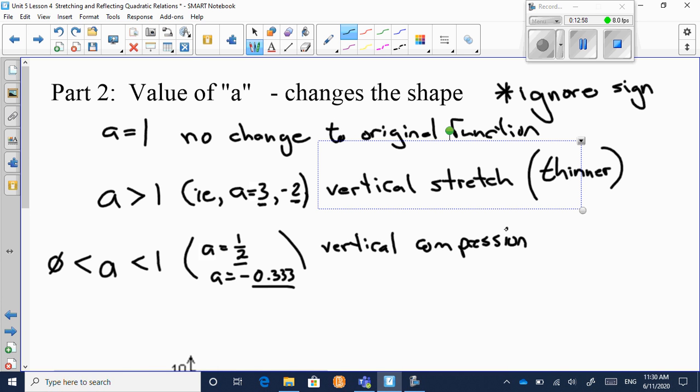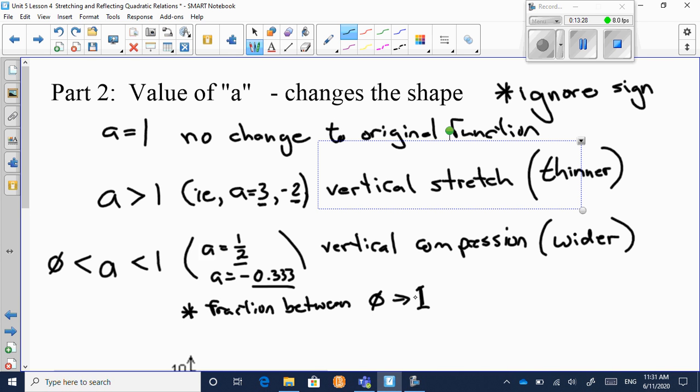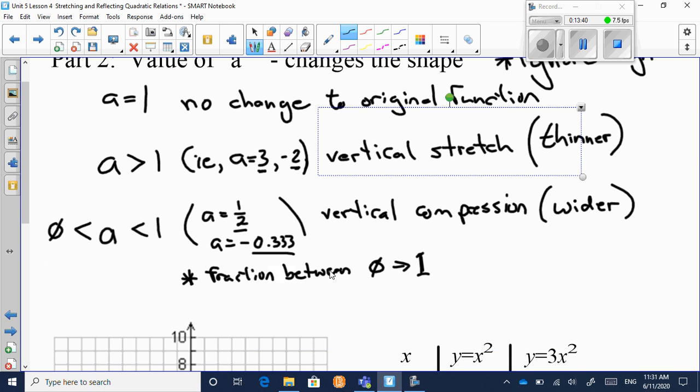And essentially, the parabola is going to get wider, or kind of flattened out. So in this case, look for a fraction between 0 and 1. Because remember, there are other fractions, like if it was 3/2, technically that's 1.5, but that would fall into the category of A being greater than 1. So we're looking for fractions between 0 and 1.